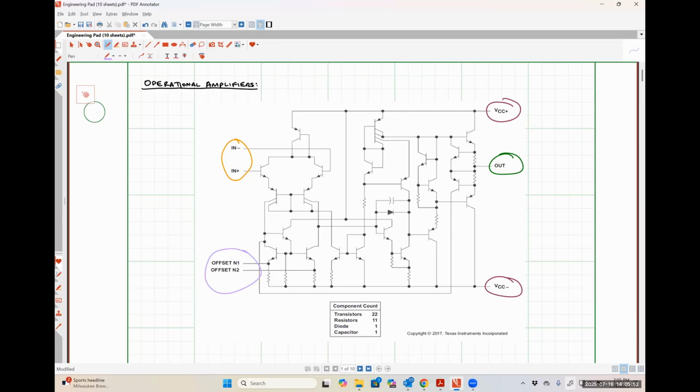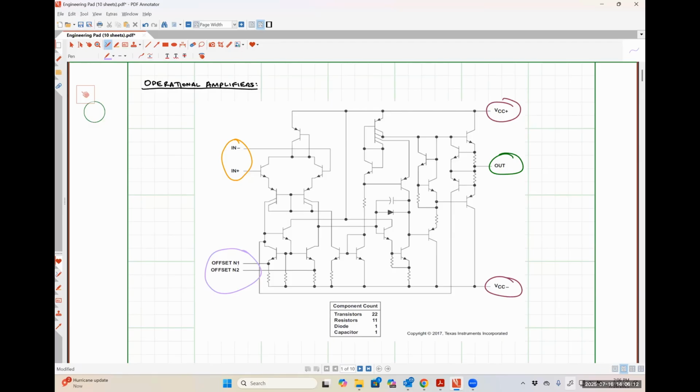So op amps are examples of integrated circuits where everything is integrated monolithically on a single silicon chip. And sometimes things get slightly askew when you're aligning the various fabrication masks and things like that.